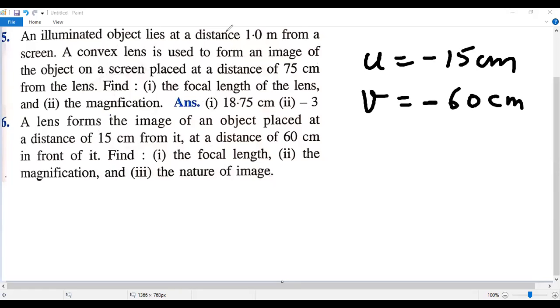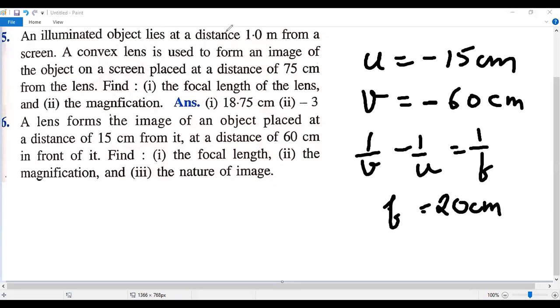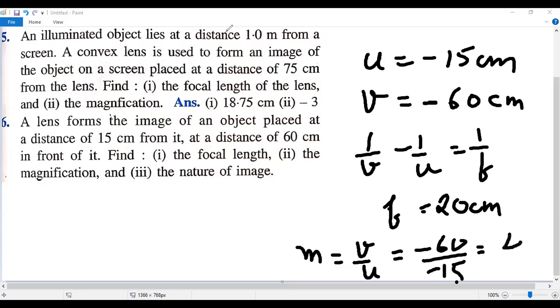Very good. So if we put in the lens formula, can we find the focal length? Find the value. F should come to be 20 centimeter. And for clarification of the calculation, you can see page number 5 of your PDF. Similarly, find magnification. v by u will be minus 60 divided by minus 15, which comes out to be 4.